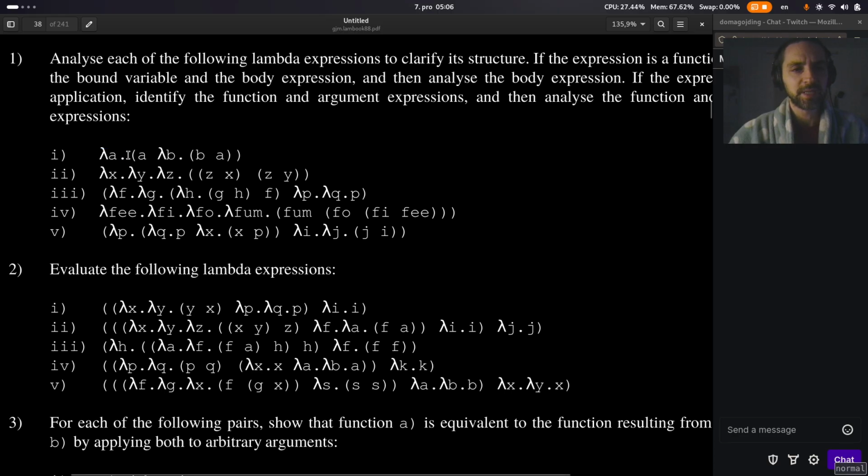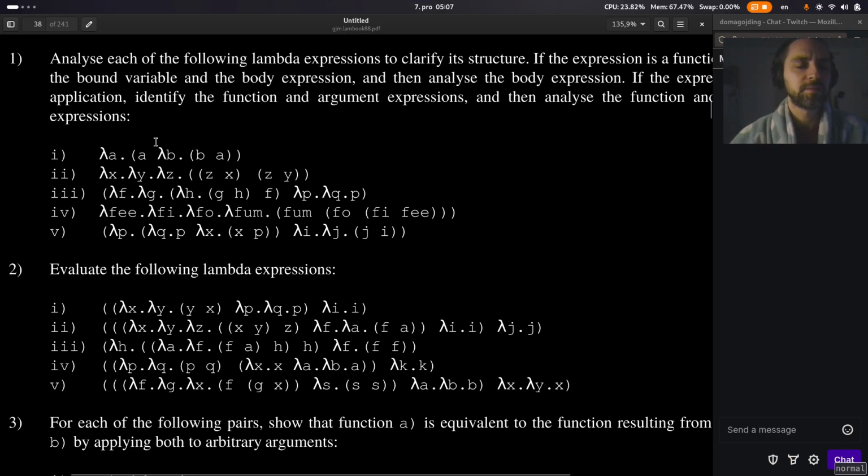And this is the body, a, lambda b, ba, right? Clarify its structure. Well, we have a function with this body, right? And this thing itself consists of what? A lambda b dot ba.